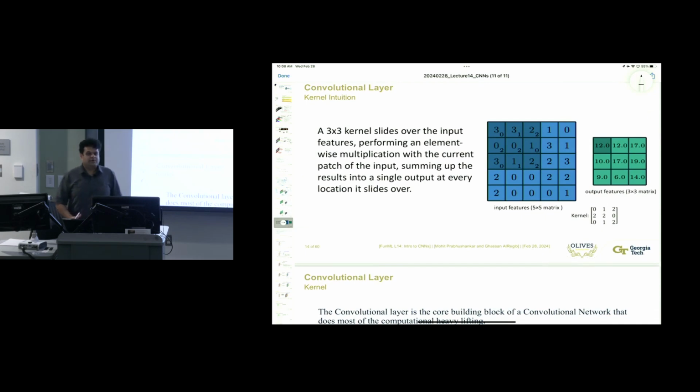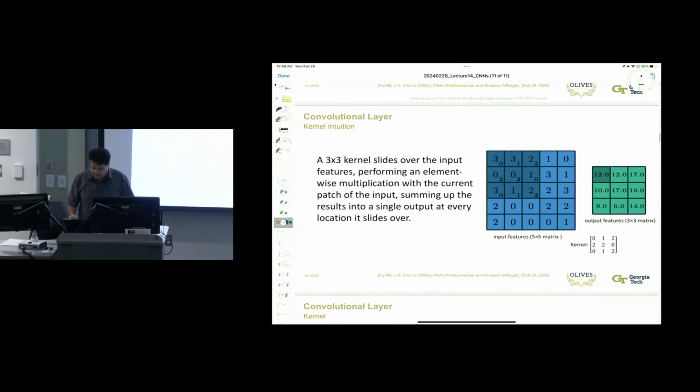All right, so essentially what we are doing is just a bunch of multiplications and additions. So in this case, if our kernel was 0, 1, 2, 2, 2, 0, 0, 1, 2, all we are doing is 3 multiplied by 0, 3 multiplied by 1, 2 multiplied by 2, 0 multiplied by 2. Maybe I can show this here.